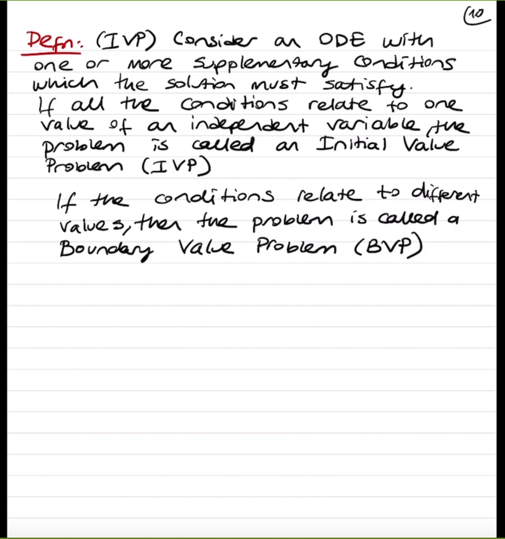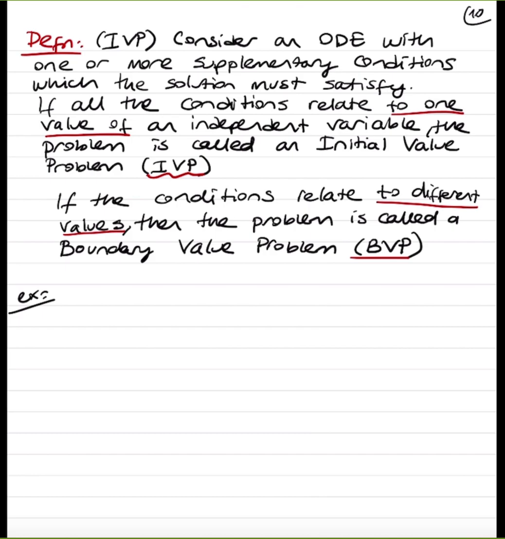Great. So we have initial value problems and boundary value problems. If the conditions relate to one value, then it is an initial value problem. If they relate to different values, then it is called a boundary value problem. So what do we mean by that? Let me give an example.